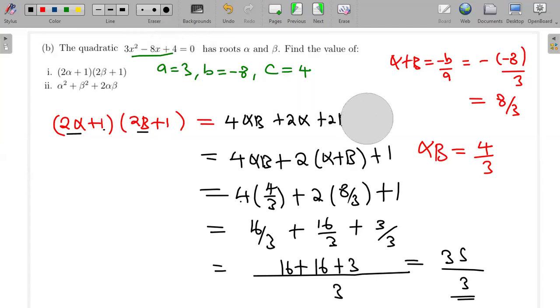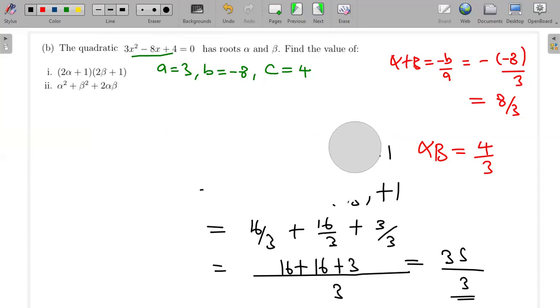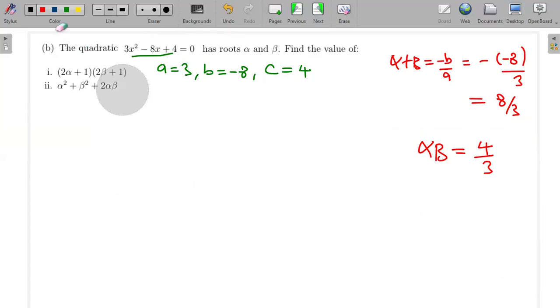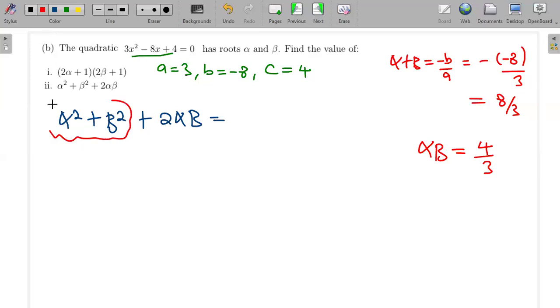What about the second one? Okay, so you can try it out. You can pause the video, you try to find it, and then you compare to what I'm going to find. So here it will be alpha squared plus beta squared plus 2 alpha beta. This is equals to, we already know the identity for this guy here.